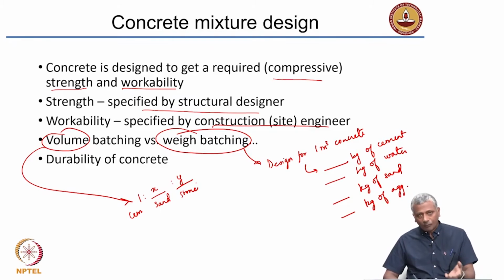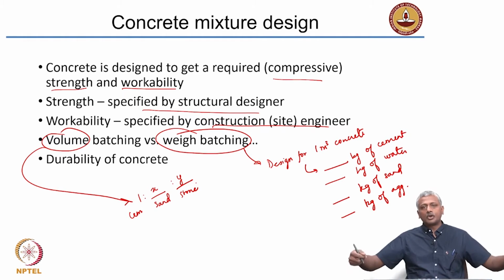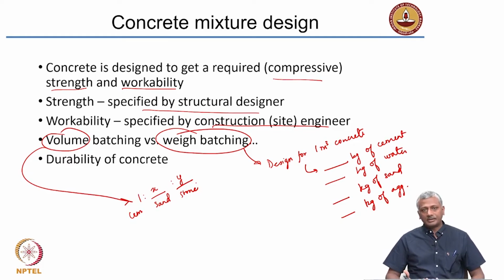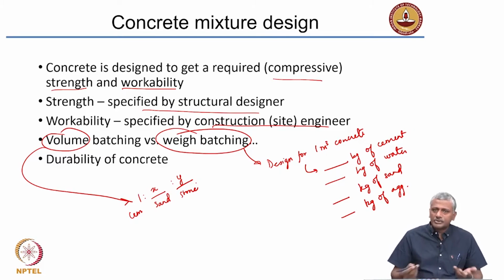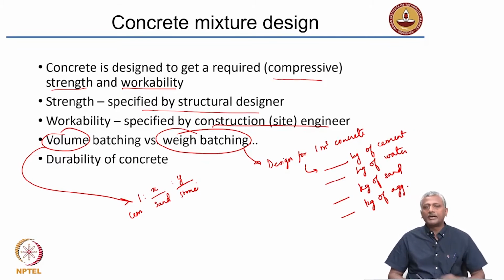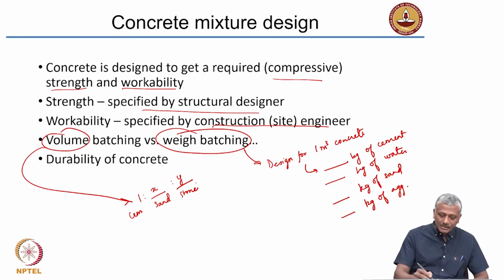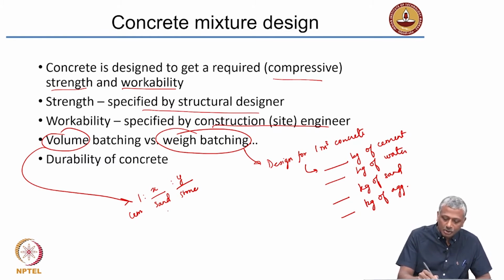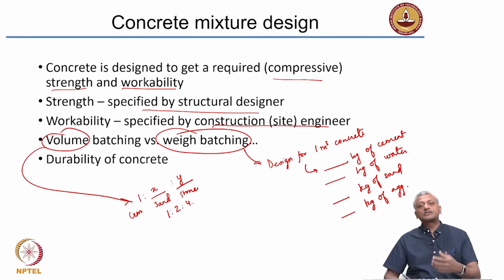That way, on the site you do not need to have the capacity to weigh these things. You can just have this volumetric bucket which measures exactly one proportion and then proportion your materials accordingly. So, cement of 1 part, sand of x parts and stone of y parts. Typically, in most construction sites where they do volume batching, you will see that this sort of volumetric ratio is 1:2:4 for most structural concrete.